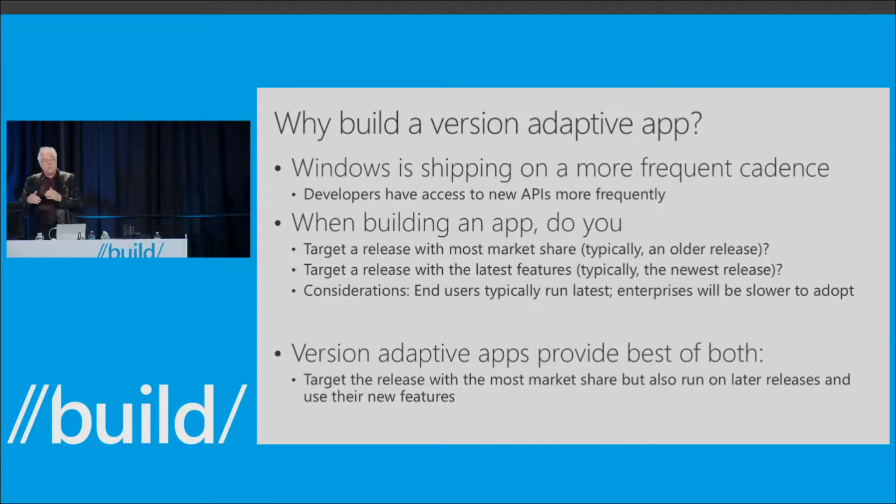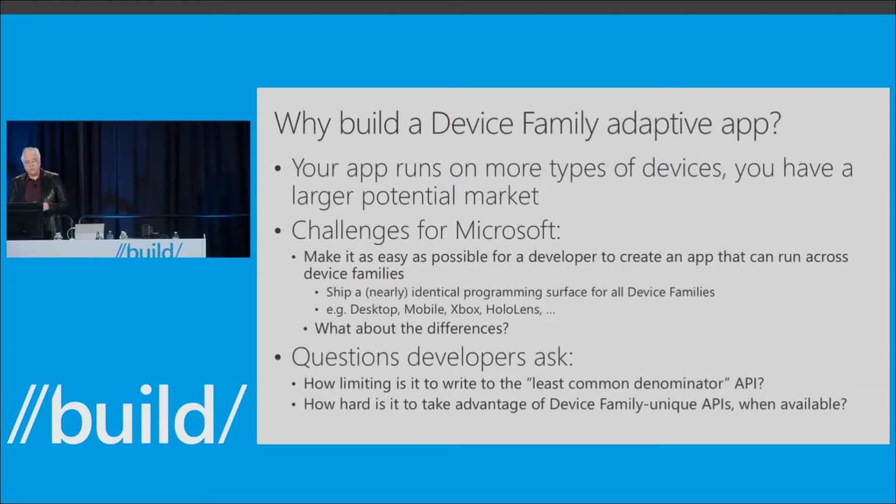So writing a version adaptive app really gives you the latest features, but you don't necessarily need them. Therefore, I have the broad market share of all the Windows 10 devices out. And as you've heard, Windows 8, 8.1 devices will get an upgrade to Windows 10. So we expect that to be quite large from a potential market share point of view.